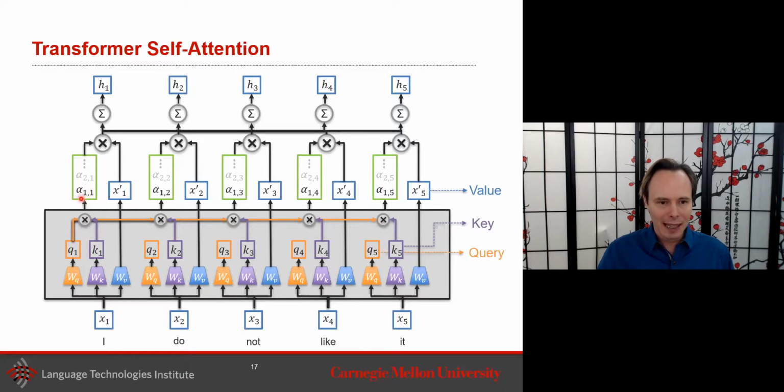This alpha tells me how similar, how related my query is to that key. And it should be high, if you remember, because you should be relevant to yourself usually. But the second one says, how relevant is it to the word do?